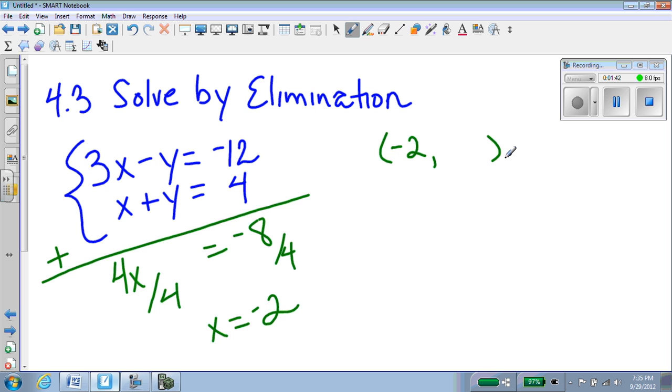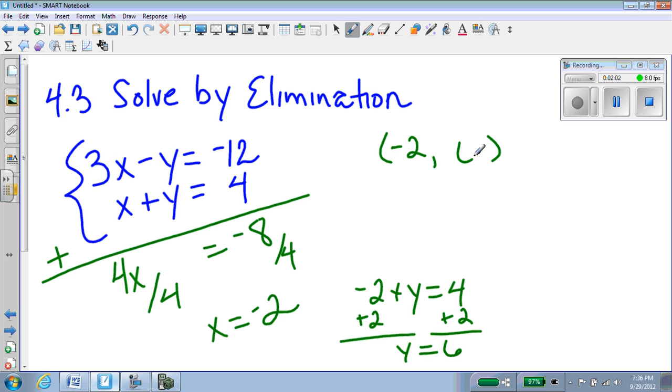I need both parts. So I will take my negative 2 and either plug it in here or plug it in here and figure out what y is. I like this one better. So negative 2 plus y equals 4. Add 2. Y equals 6. Negative 2, 6. That is my solution.